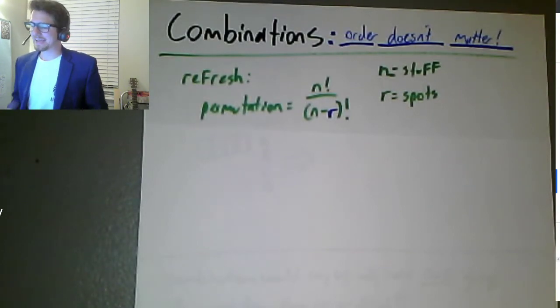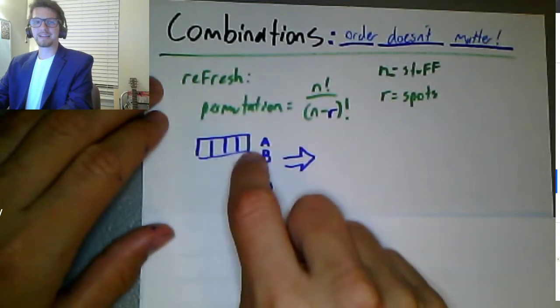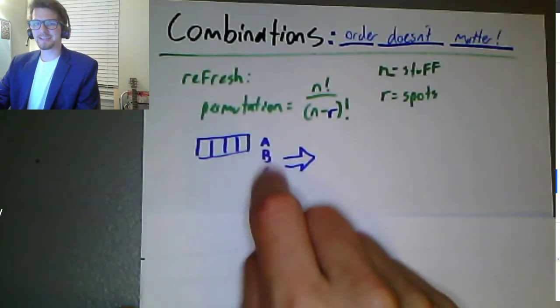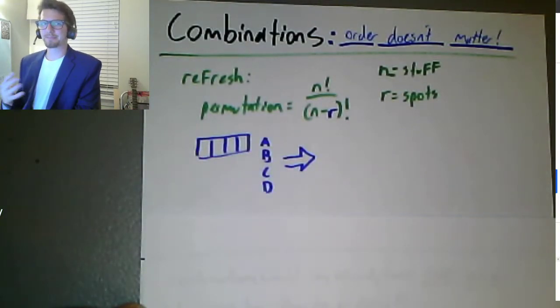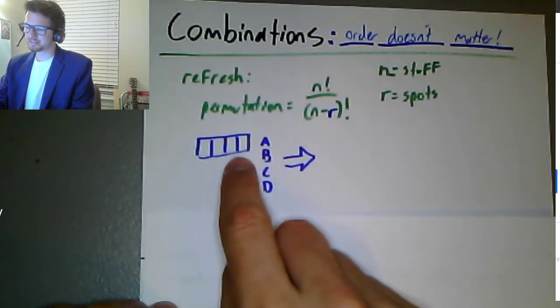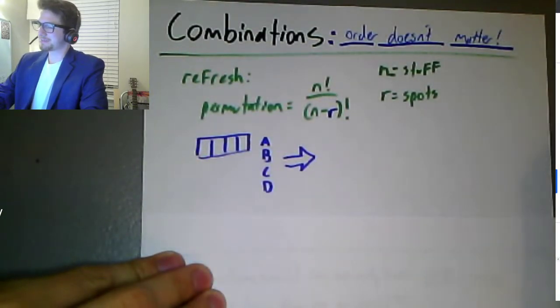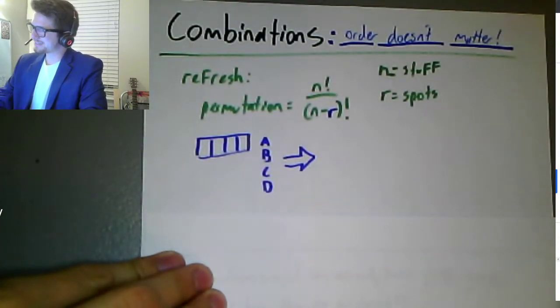Similar to if I had a lock, right? If I had a lock that was 4 digits, and let's say A, B, C, D were my options. So I could put A, B, C, or D here, here, here, or here. It would very much matter the order I put these in, right? Because the different orders would be different passwords.